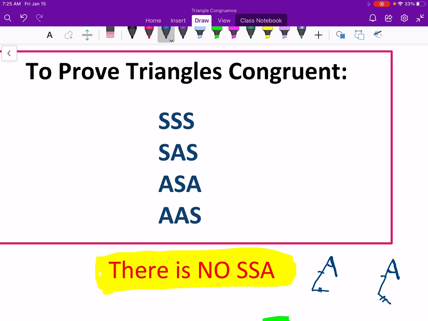Take a look. If I extend the sides, this isn't a very good picture because I don't know anything about the length of this third side. I have no clue if it's going to make a triangle, if they're going to meet.